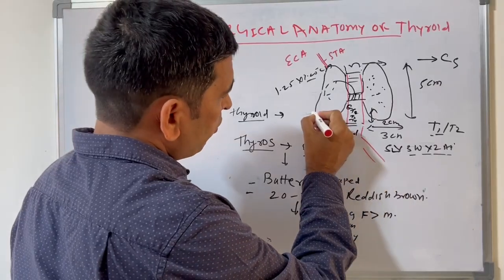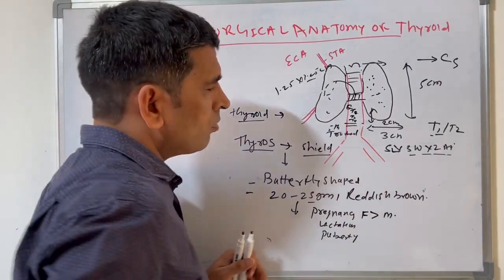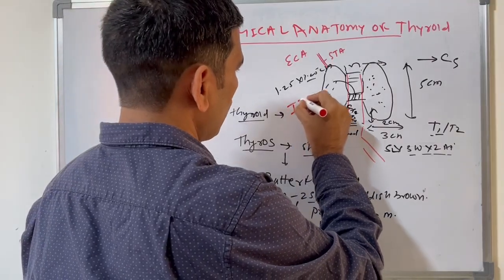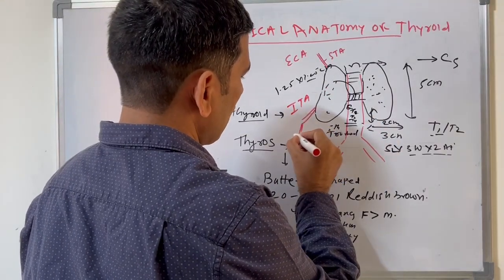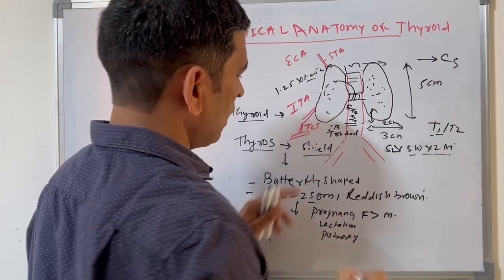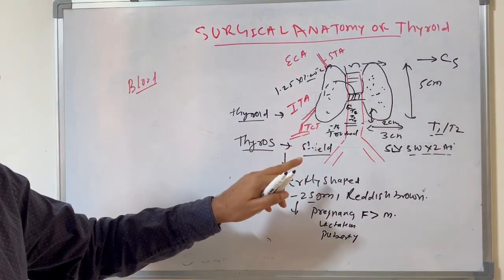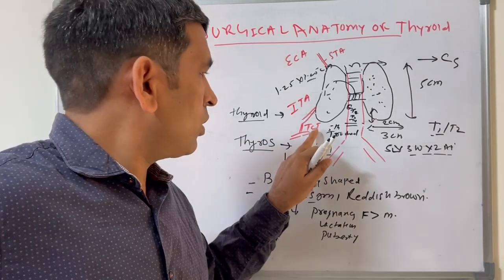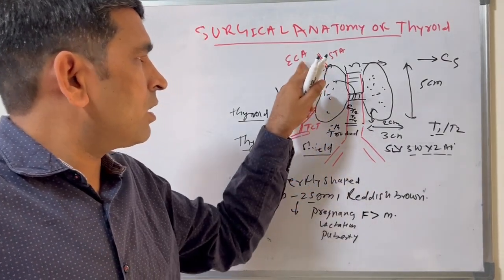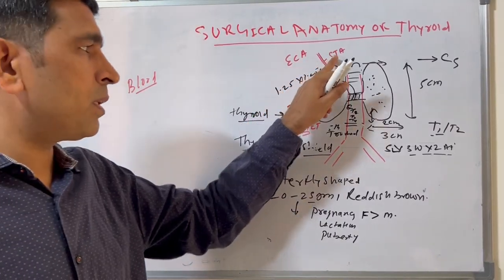One artery is coming from below, called the inferior thyroid artery. It comes from the thyrocervical trunk. So the thyrocervical trunk gives the inferior thyroid artery, and the external carotid gives the superior thyroid artery.